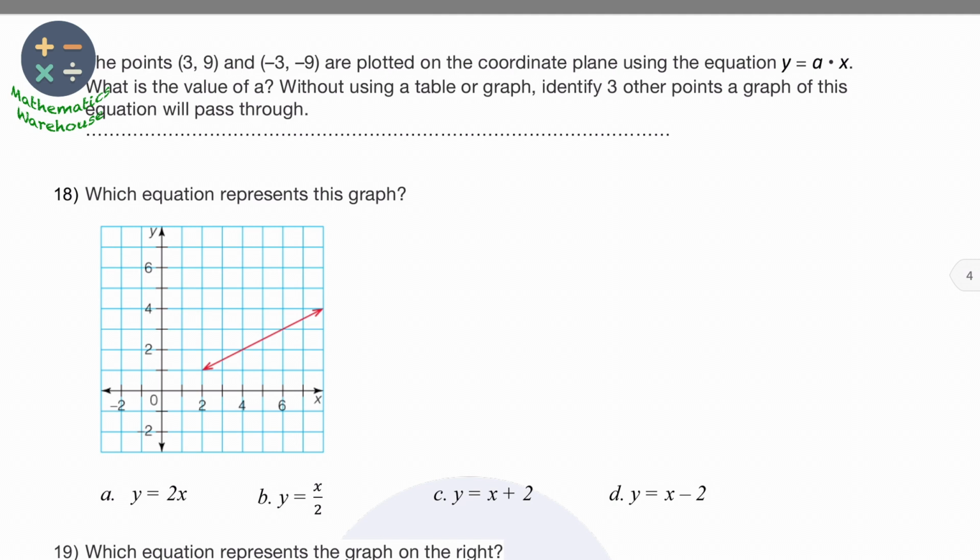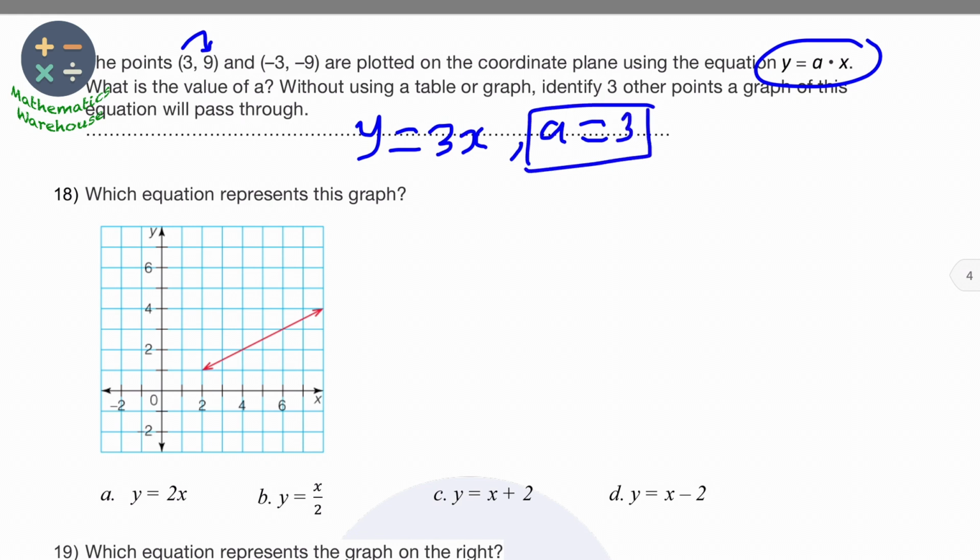If you notice here, the relation between x and y is y equals 3x. So comparing this equation with that one, we're going to say a equals 3.